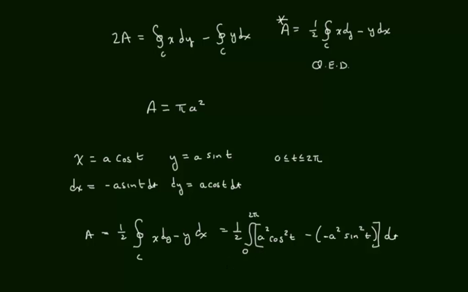And if we actually do this, it comes out to be a squared over 2 times the integral from 0 to 2 pi. Nice, cosine squared plus sine squared equals 1. And we have already pulled out the a squared, so this integrand is just dt. So a squared over 2 times 2 pi is pi a squared. Tell that to your friends at the next party that you can prove that the area of a circle is pi r squared.